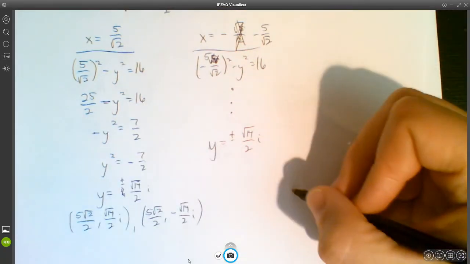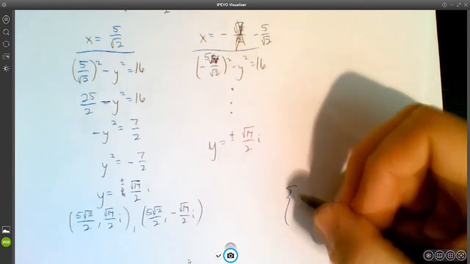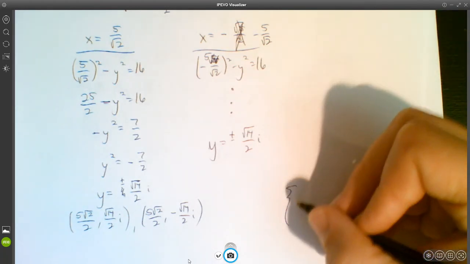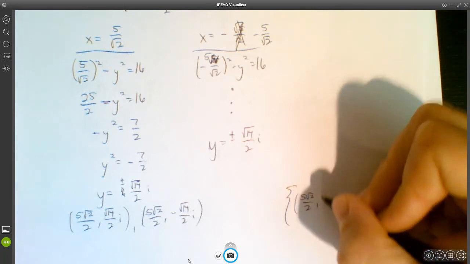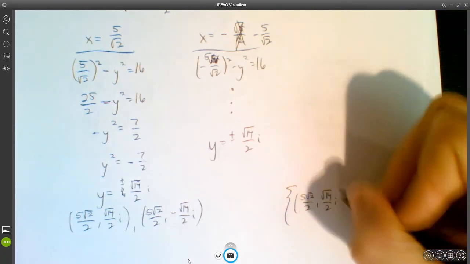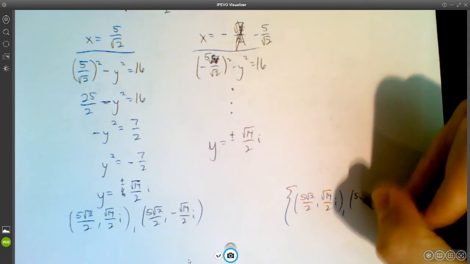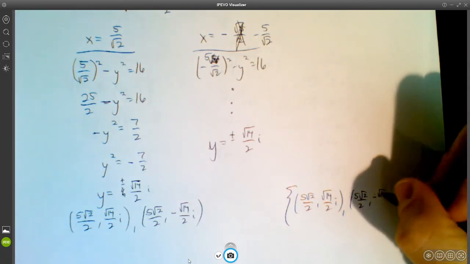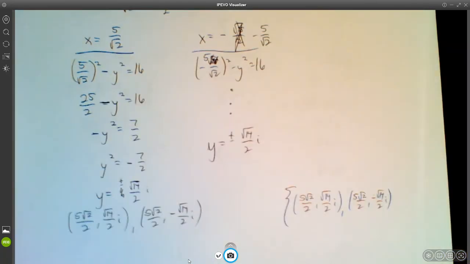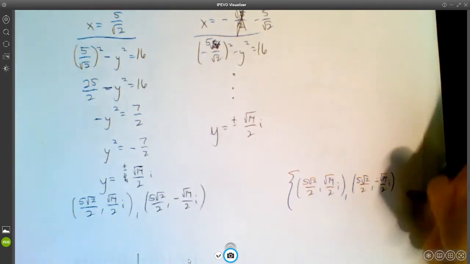So cutting to the chase, I guess, my solution set would look like this. It would be 5 root 2 over 2, root 14 over 2i; 5 root 2 over 2, negative root 14 over 2i. I'm going to run out of space. Shoot. Well, that's okay.